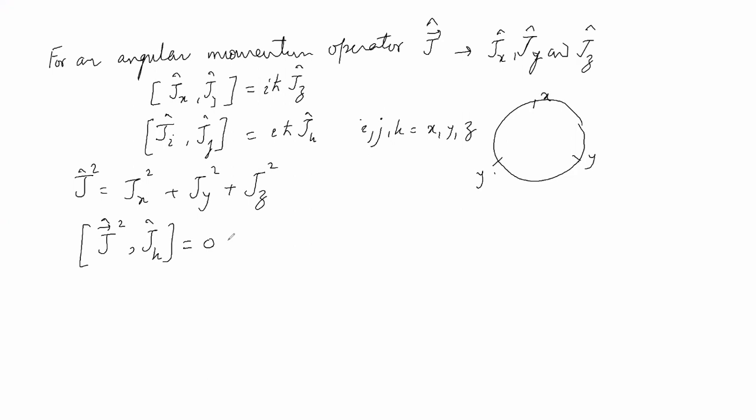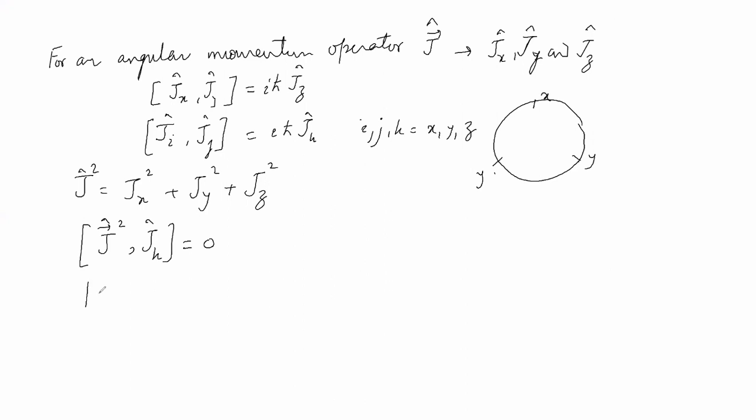Since Jx, Jy, Jz don't commute among themselves but commute with J square, we can take J square and Jz to have a common eigenstate.